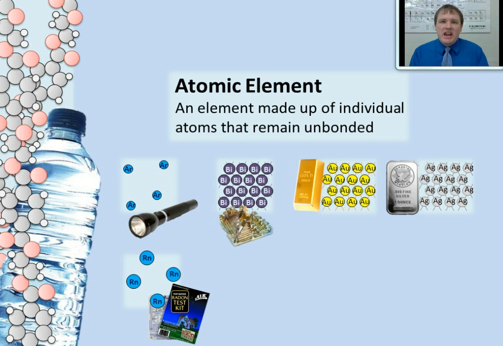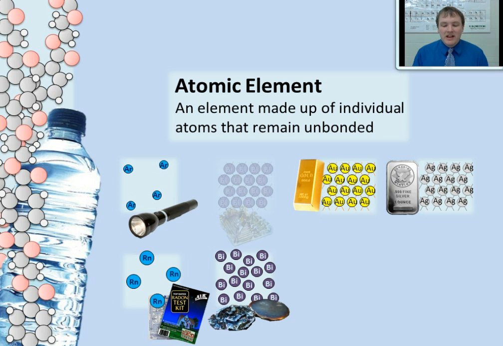We can change each of these substances, though, into an atomic element by heating it up past its melting point. Look what happens to the atoms of bismuth as I heat bismuth up past its melting point. The atoms lose that crystal lattice structure, they don't have any bonds anymore, and they begin to slide past one another.